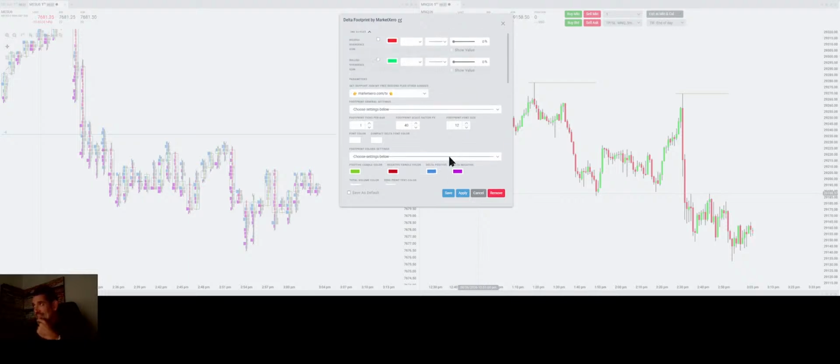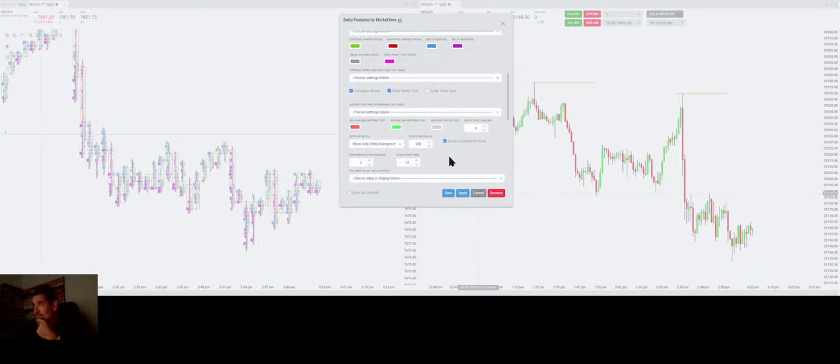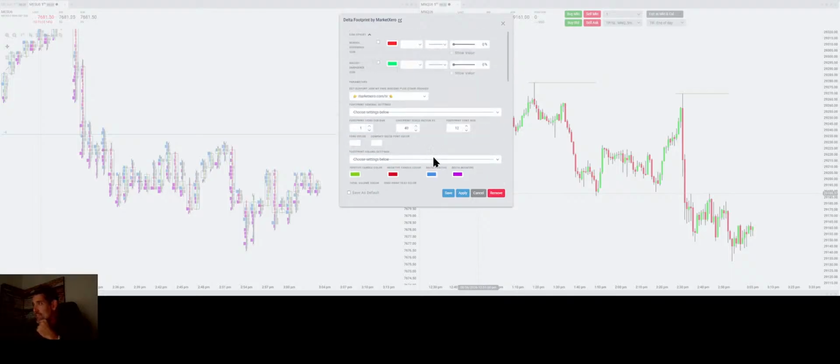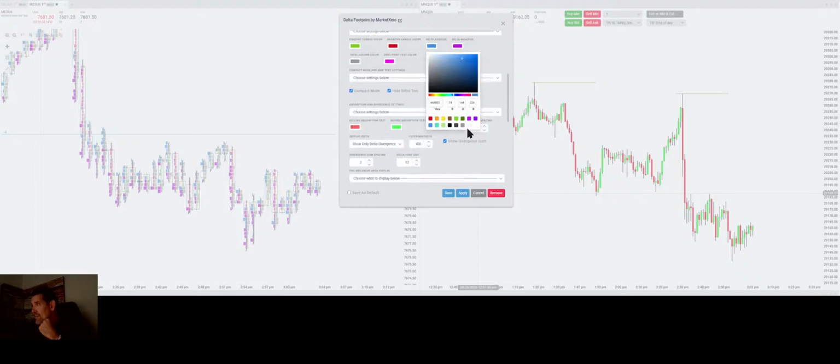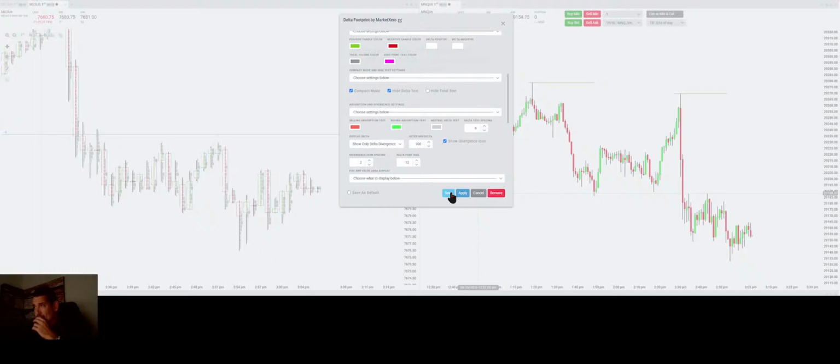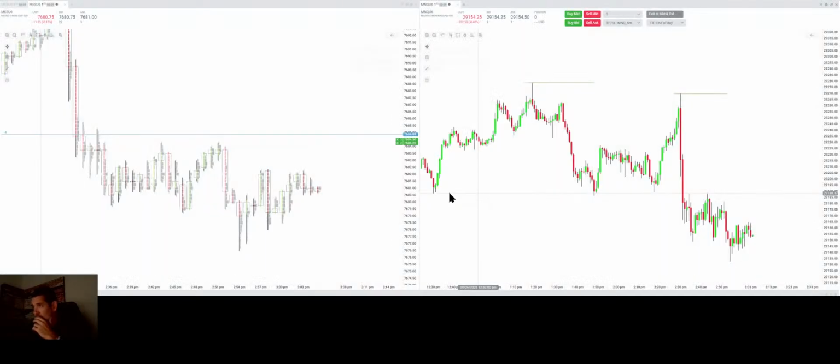That is slightly good, but that's not really what I'm after. Let's try it and let's see what it looks like. Well, is that better? I don't know, is it?